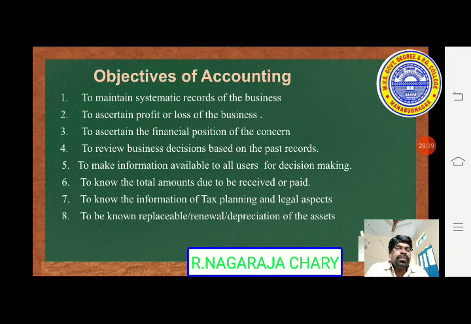Based on credit transactions, how much we have to pay to other persons, and how much other persons have to pay to us. What amount is payable and what amount is receivable, we have to know with the help of accounting information only.